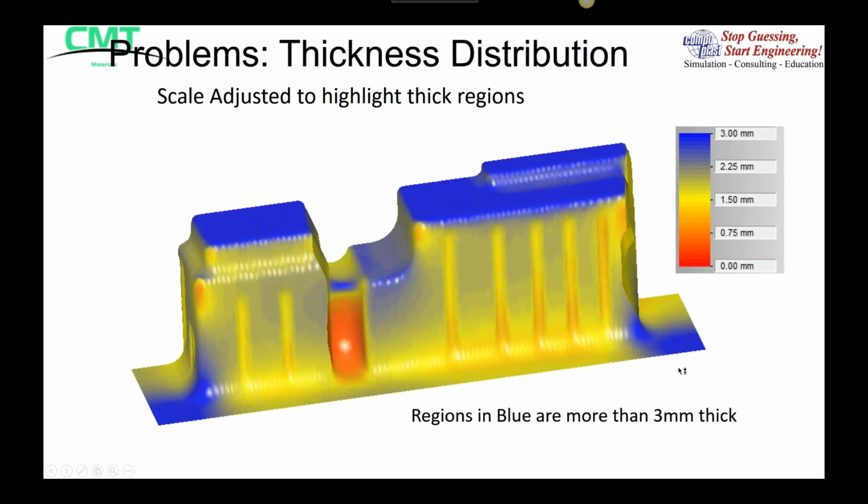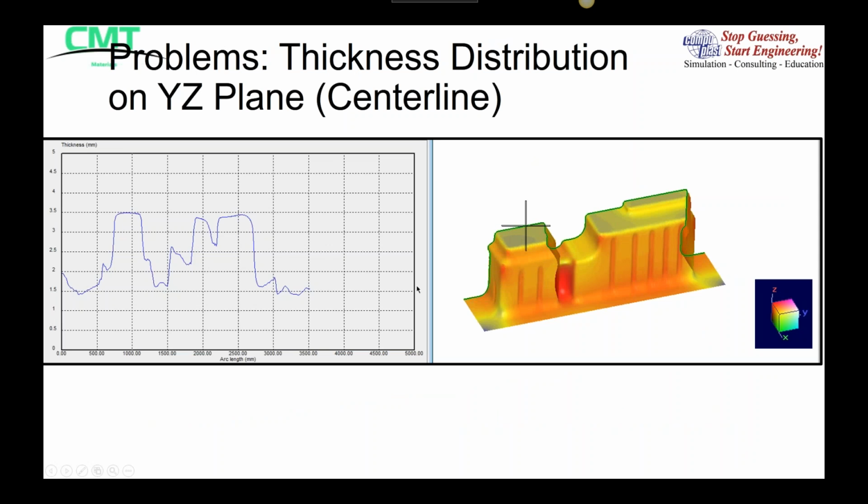And this is the scale adjusted to 3 millimeters, 3 millimeter scale. So by adjusting the scale, we can focus on what areas are below our critical values. And this is a thickness plot across the center line of the tool.